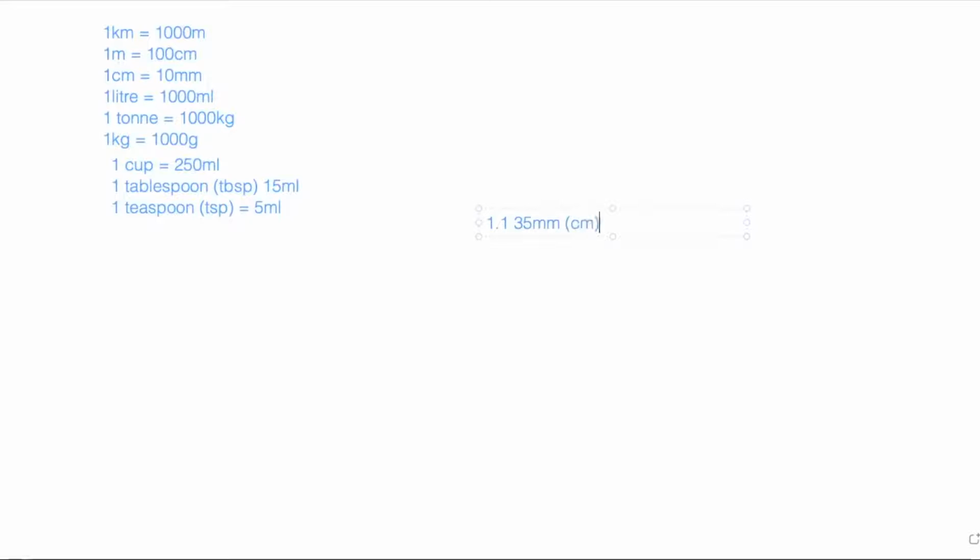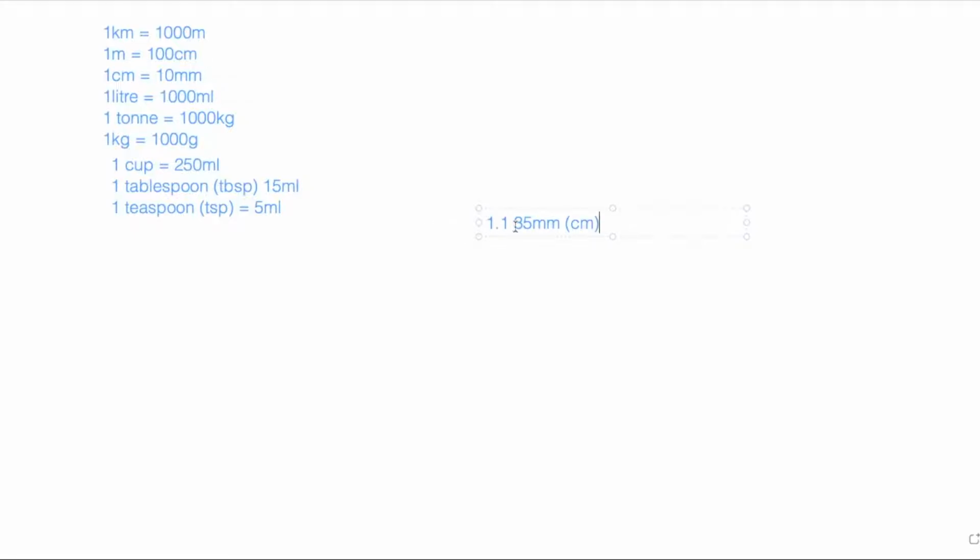to centimeters. So how many millimeters are in 1 centimeter? You see here, 1 centimeter is 10 millimeters. Since millimeters are smaller than centimeters, what we need to do here is divide. So we divide the 35 millimeters by 10, since 1 centimeter is 10 millimeters.